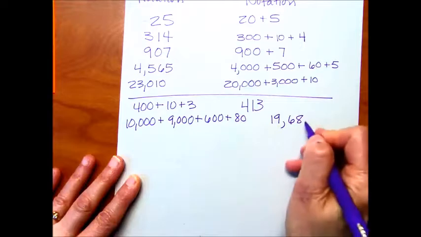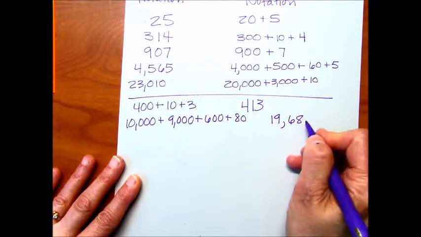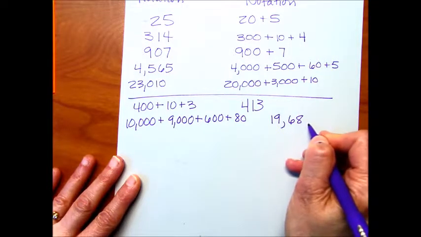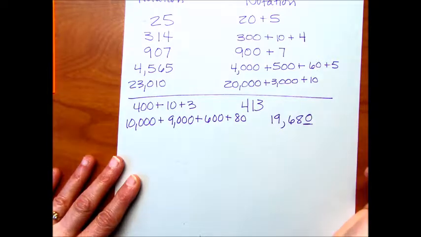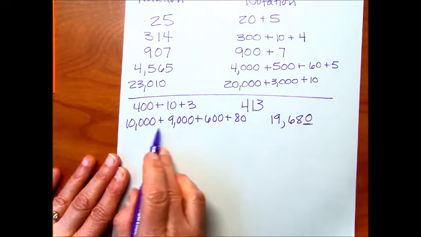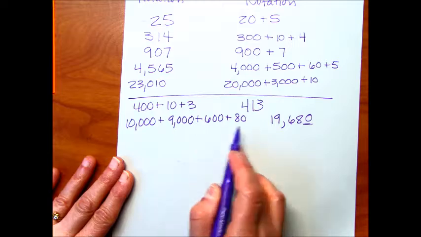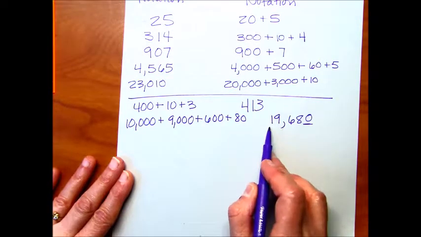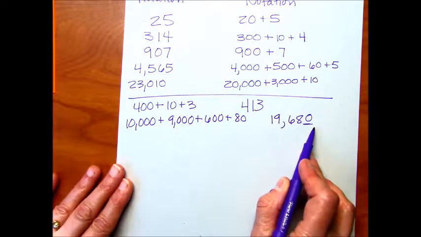And we don't have any ones. Because this is tens, I know that there's an additional place here, so I have to put a 0. So 10,000 plus 9,000 plus 600 plus 80 gives me 19,680.